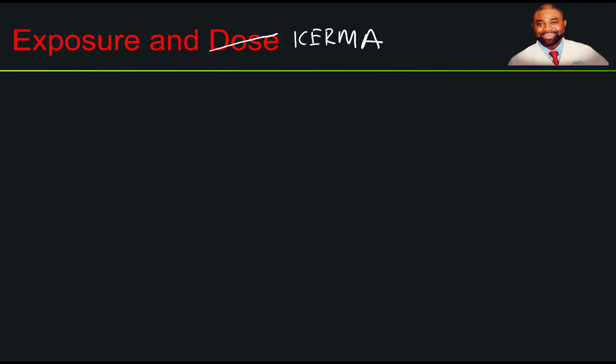The next term that we will explore will be exposure, and we will look at the relationship between exposure and the dose. But first, we will look at the relationship between exposure and KERMA.